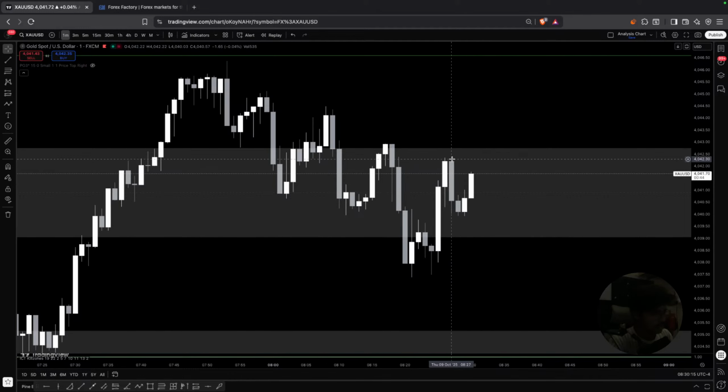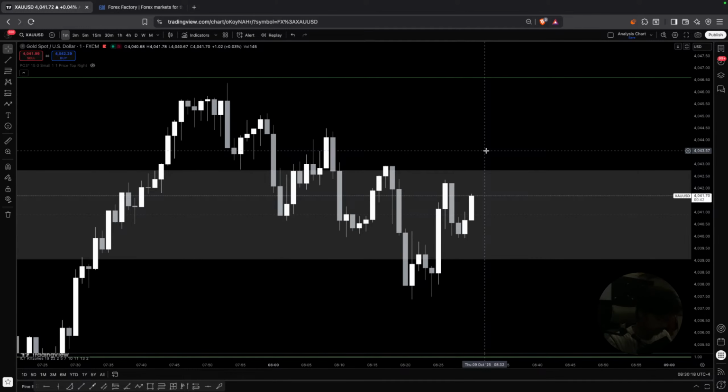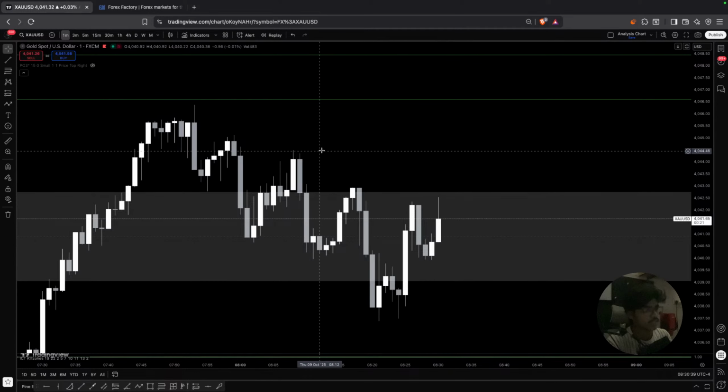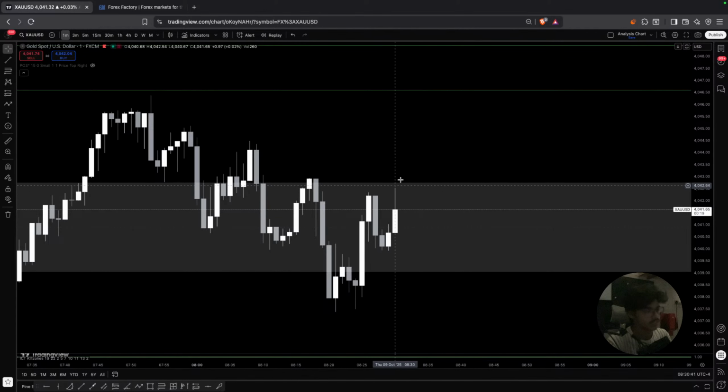If the candle closes over this point, I'll have more confirmation to get into that trade. Let's wait for this candle to close over this point, and it will really show a shift in the structure.